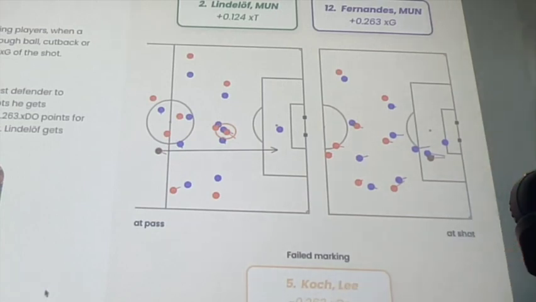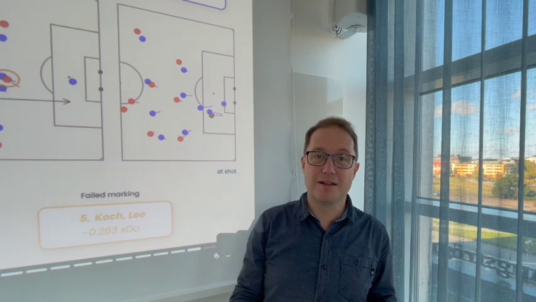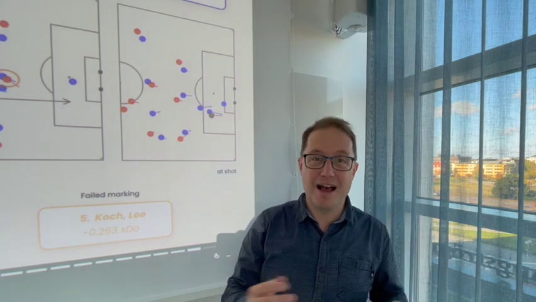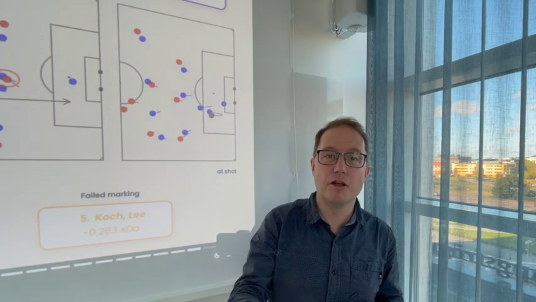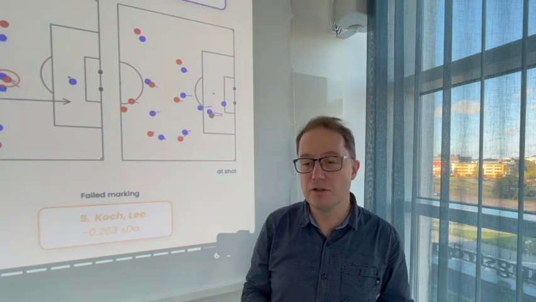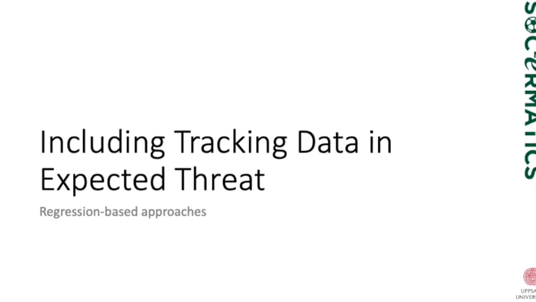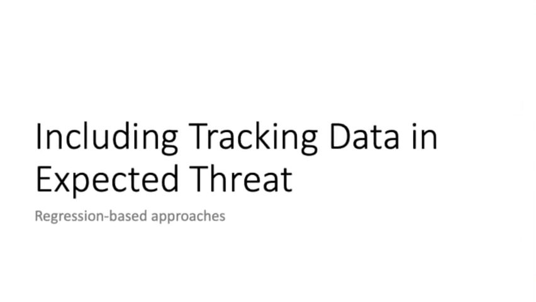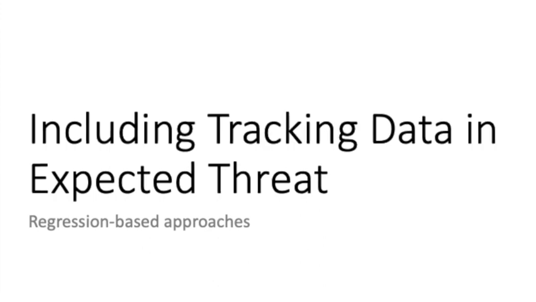So we can identify when a player isn't marking the person they're meant to be marking, and we can then give them a value on how dangerous the chance was that resulted from this failure to do the marking. I'm going to finish this lecture by giving you a pointer in the direction of what can be done next.